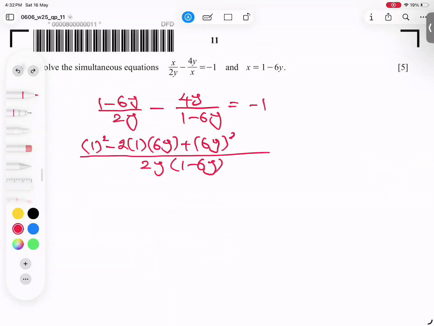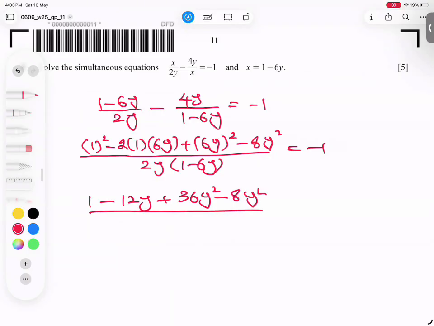It multiplies here. I'm getting here negative 8y to power 2. Okay, upper I got negative 12y and plus 36y to power 2, negative 8y to power 2 over. So I can multiply 2y and minus 12y to power 2 is equal to minus 1. These two values will give us 6 gone, 30, 28.